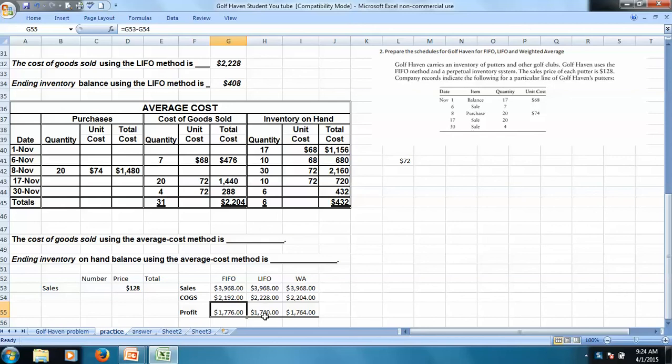Under LIFO, it looks like the profit is less because you are using newer costs, and weighted average falls somewhere in between because we're using a weighted average. And so that is how we calculate cost of goods sold, assign ending inventory values, how we calculate what our sales revenue would be, and what our profits are using the different types of inventory and cost of goods sold valuation methods.